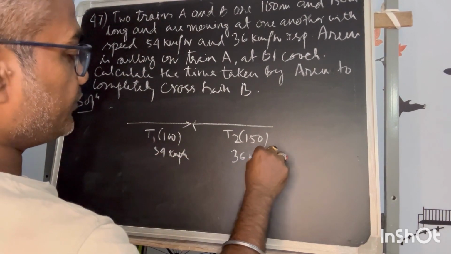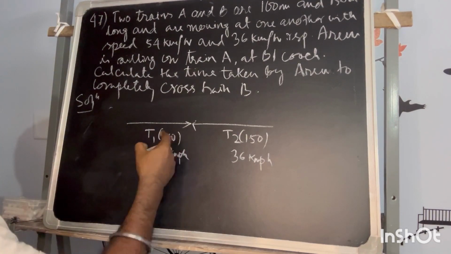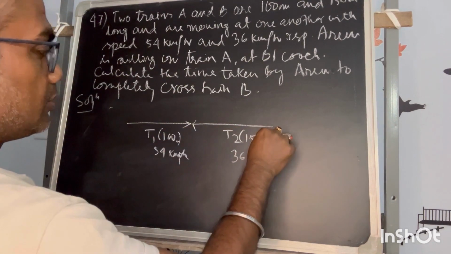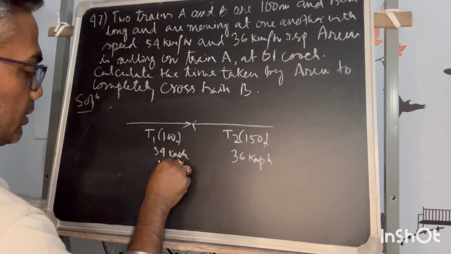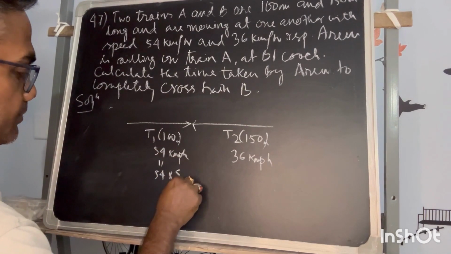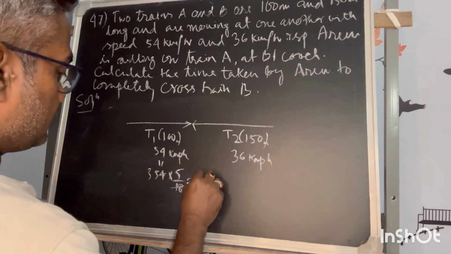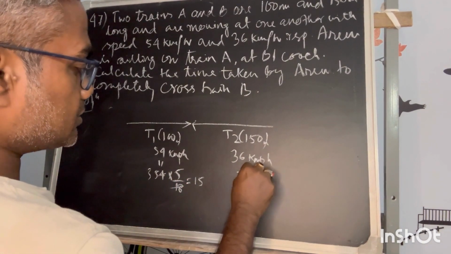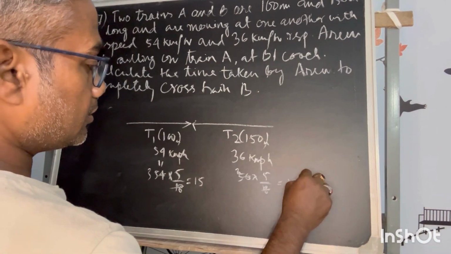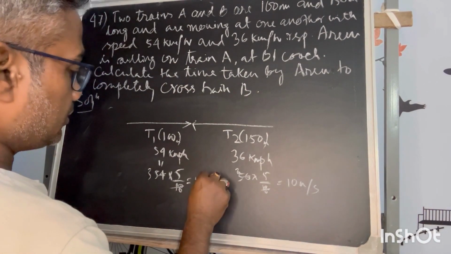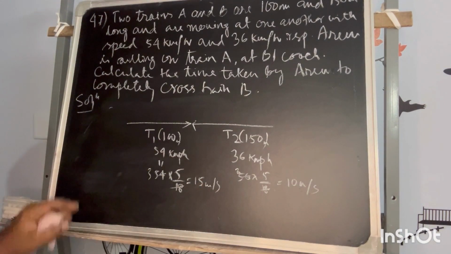But I have to convert it into meters because the length is in meters, otherwise the units will be difficult to handle. So 54 into 5 by 18 is 15, and 36 into 5 by 18 is 10 meter per second. This has been converted.